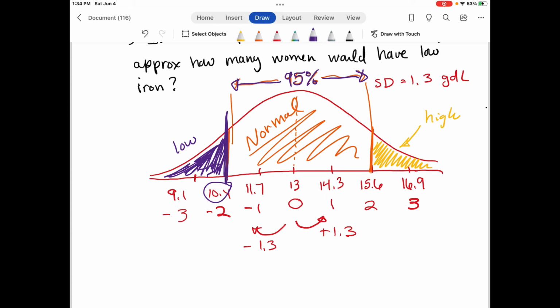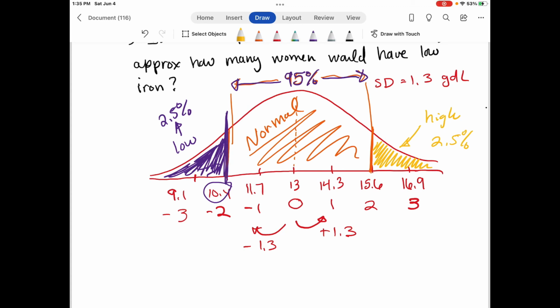Because everything under the graph is 100%. So half of that is low, half of that is high. So this represents 2.5% of the data, and the high values represent 2.5% of the data, and that way we have a total of 100% under that curve.